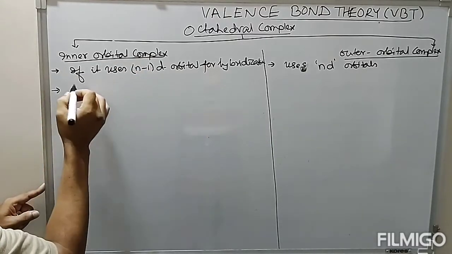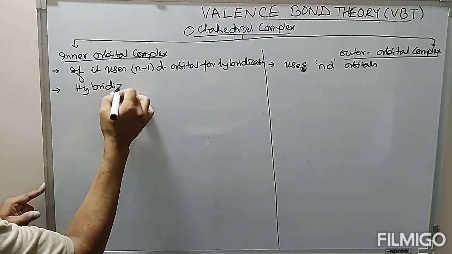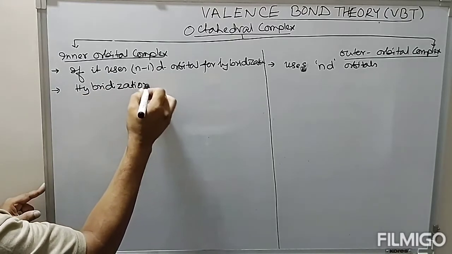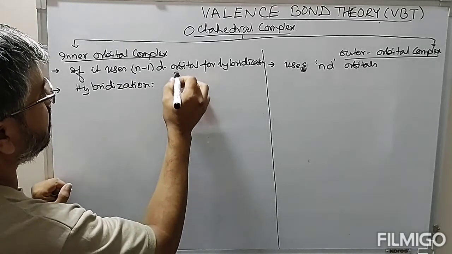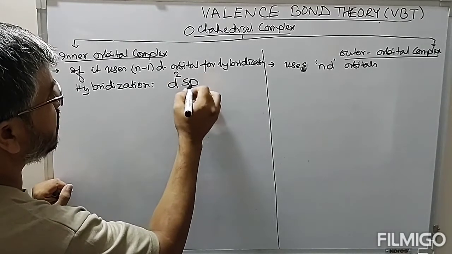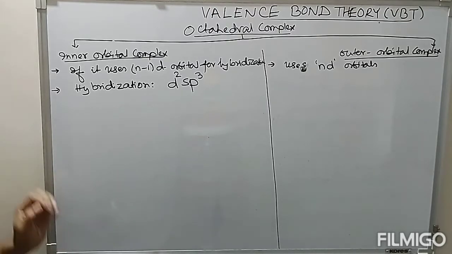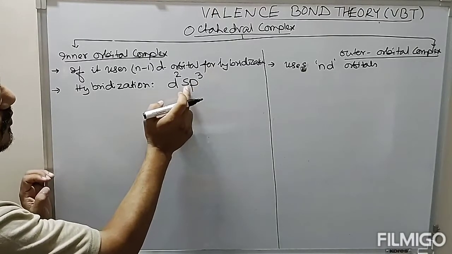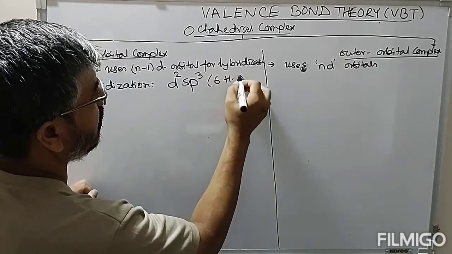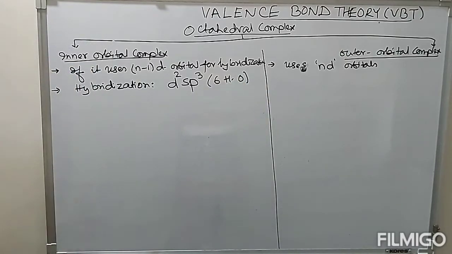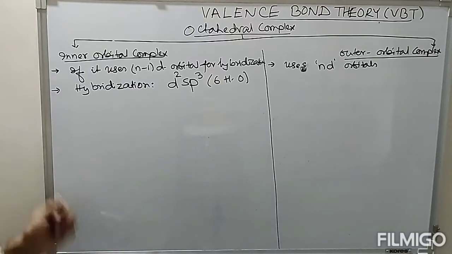Now in inner orbital complex, the hybridization of the central metal is d2sp3. So the total number of hybrid orbitals is 6 (2 + 1 + 3), 6 hybrid orbitals of equivalent energy. So look at this.